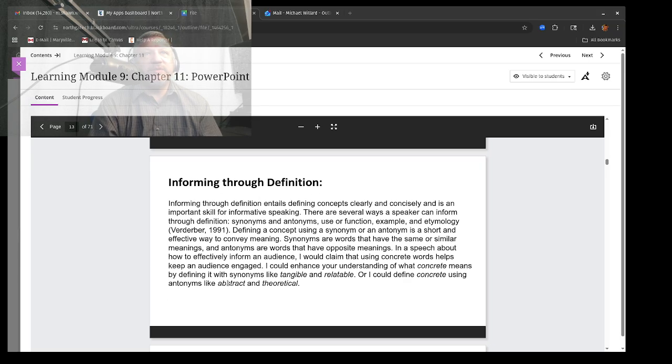When we inform someone by definition, it's simple. I'm not going to spend a ton of time on it, but think about definition, dictionary. Think about what words really mean and what a topic really means. Now, we don't always have to use a dictionary definition. Remember, synonyms are words that have similar meaning, and antonyms mean opposite things.